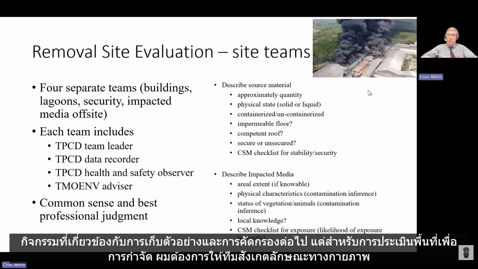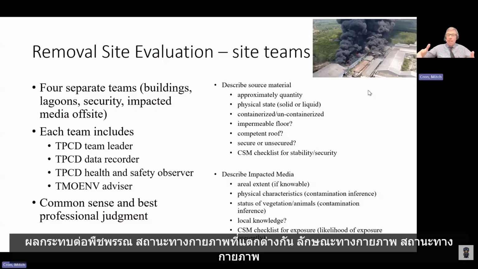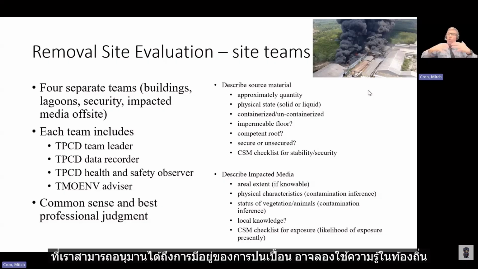But for the removal site evaluation, I wanted the teams to observe physical characteristics, discoloration of soil, impacts to vegetation, different physical states from which we could infer the presence of contamination.